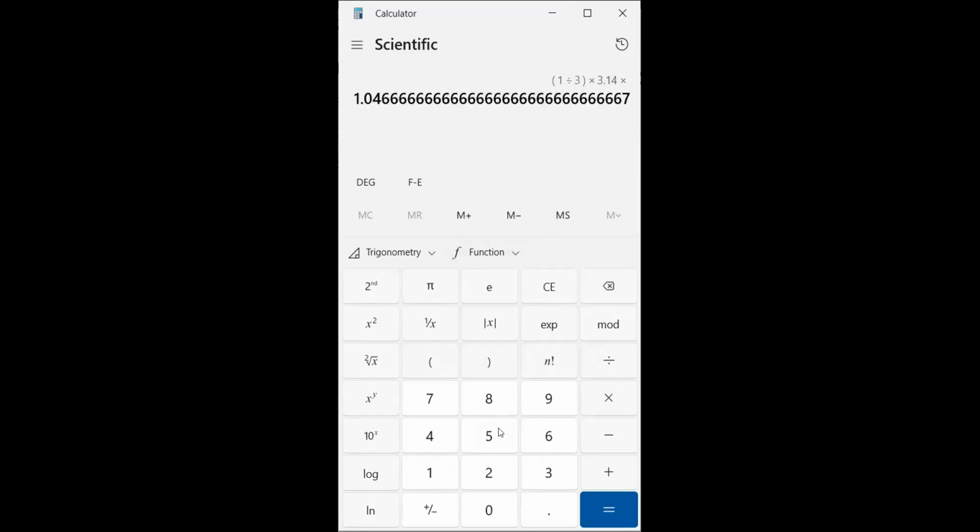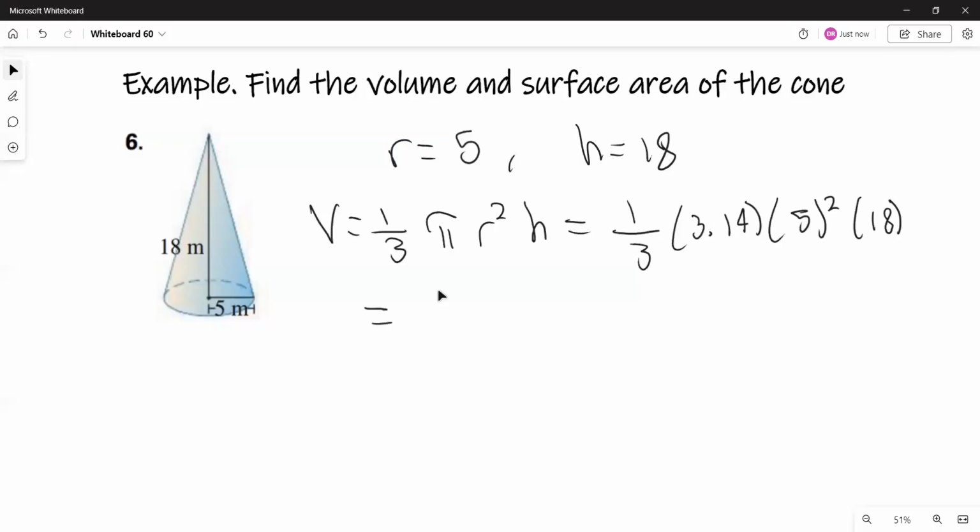Okay, so times the square of the radius times 18. And that's going to be exactly 471. So that's going to be 471 cubic meters.